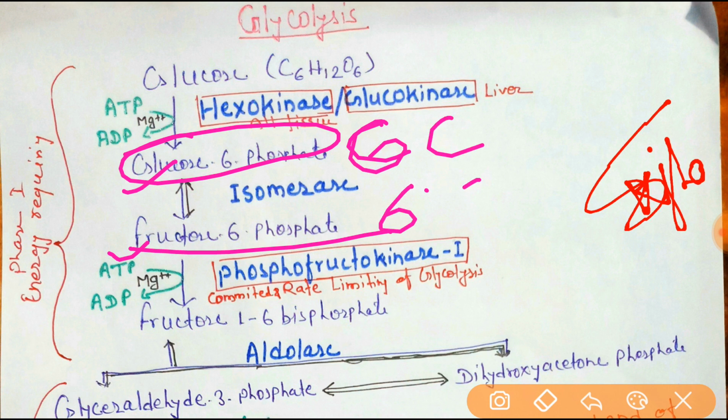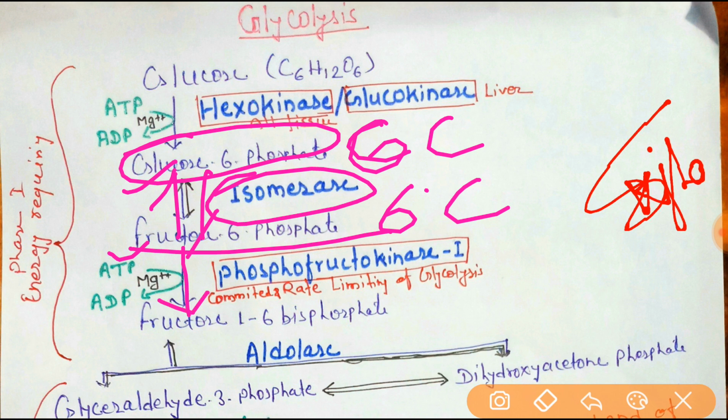Fructose is also a 6 carbon compound. Due to this isomeric conversion, it requires isomerase, and it is a reversible reaction. Next, fructose 6 phosphate is converted into fructose 1,6 bisphosphate in presence of phosphofructokinase. ATP is required in presence of magnesium, and ATP is converted into ADP in both steps.